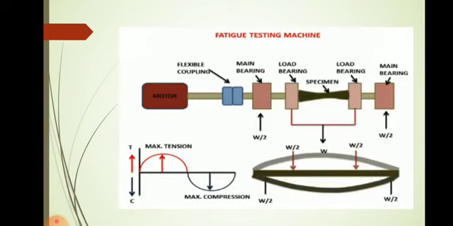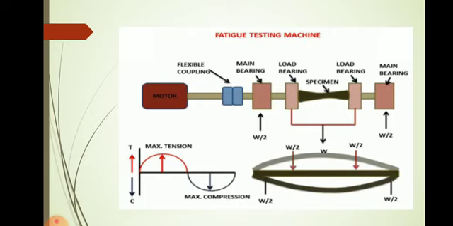In this diagram we can see one specimen exactly at the center, mounted between the two bearings. Those bearings we call load bearings, because we are applying some amount of load W over these two bearings, so that on each load bearing there will be W by 2 load acting in the downward direction for the initial stage.